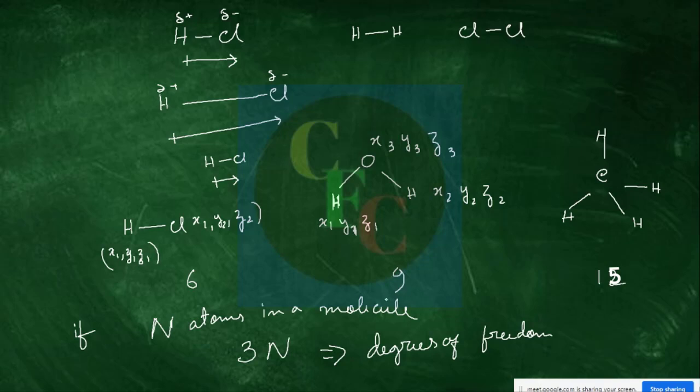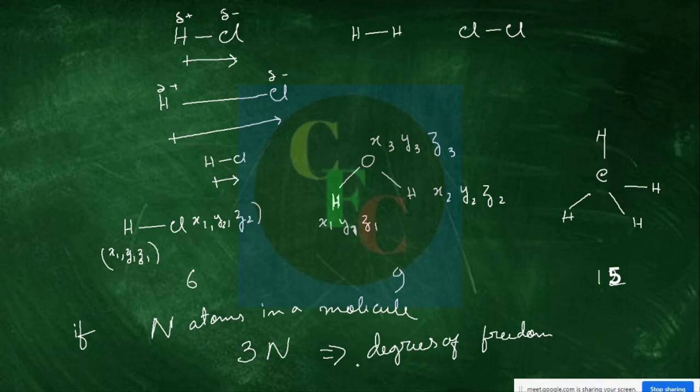Why degrees of freedom? Because these coordinate values may be specified quite independently of each other, as long as they are not fixed. Suppose you are given the methane molecule and asked to specify the numbers, you can do that.